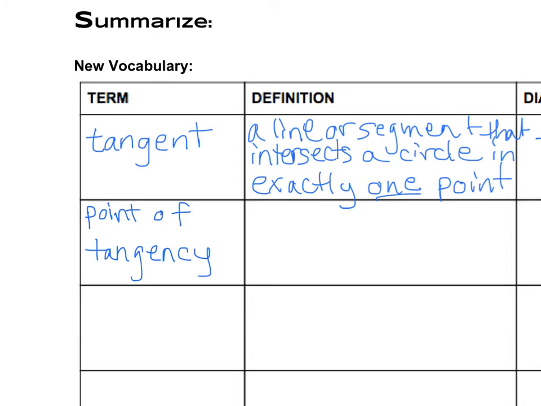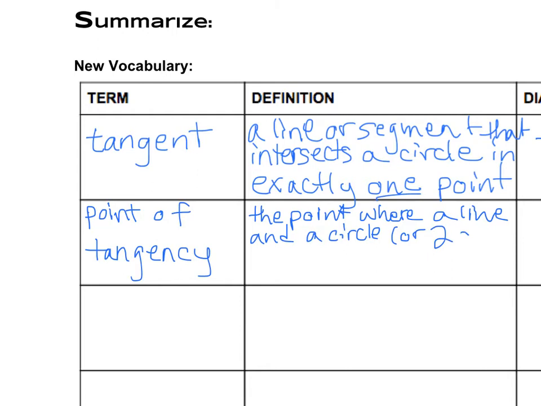And when we talk about point of tangency, we are talking about the specific point where a line and a circle, or possibly two circles, just that one point where they touch or where they intersect.